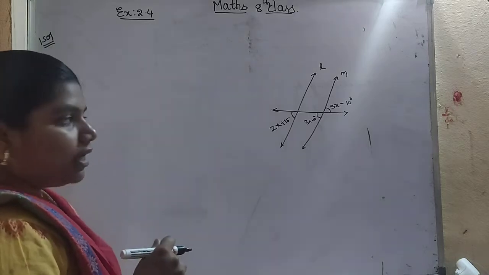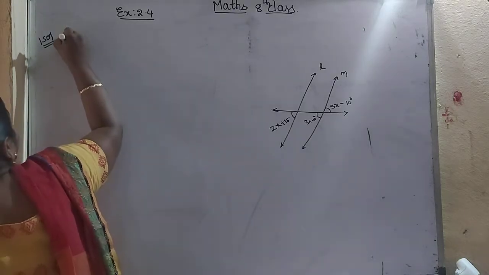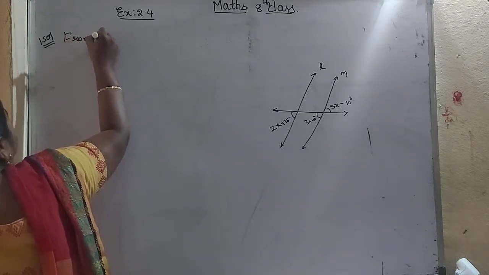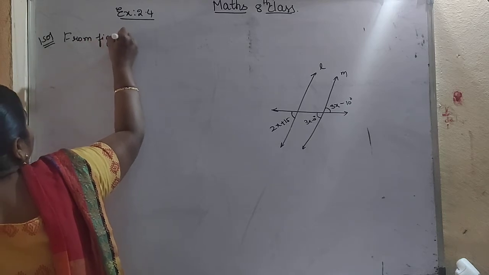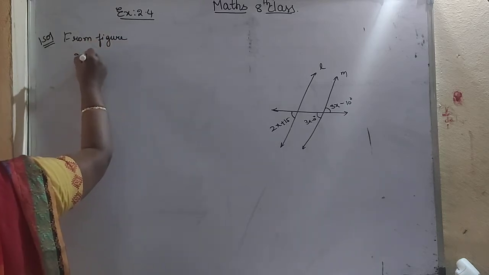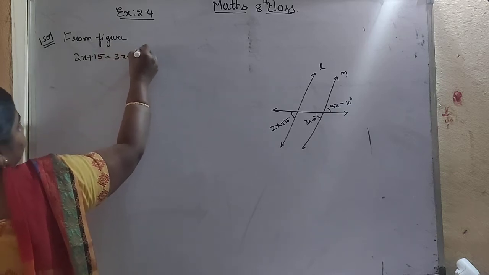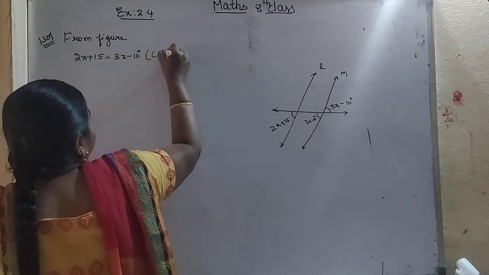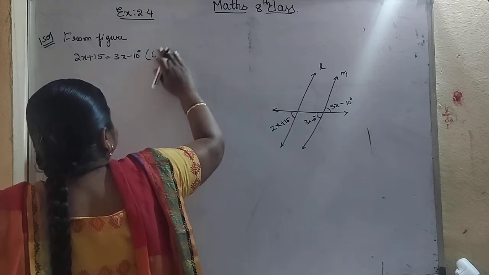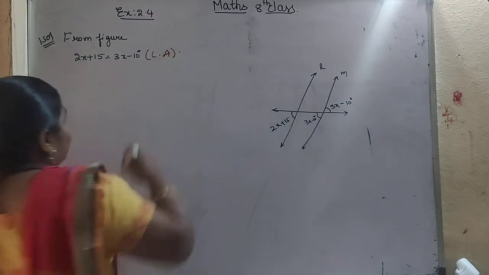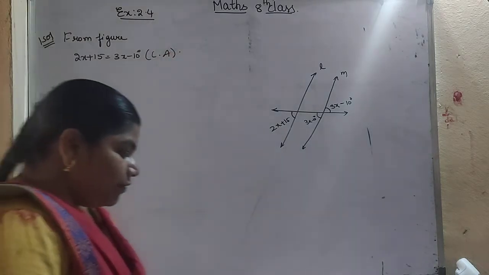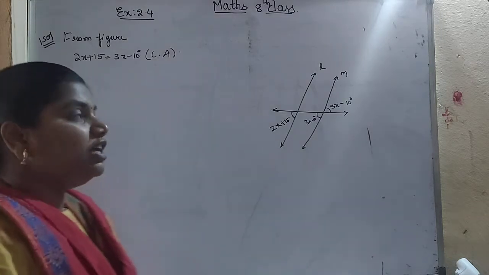Always the corresponding angles will be equal. So from figure, 2x plus 15 is equals to 3x minus 10 because they are corresponding angles, and we know that the corresponding angles are equal.